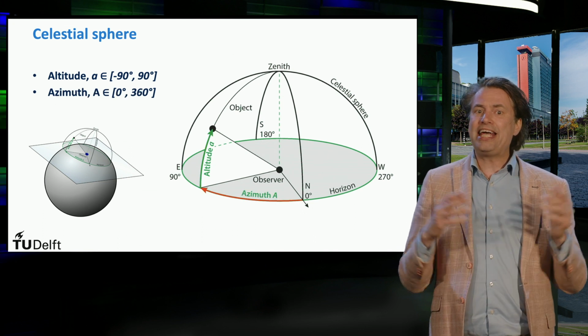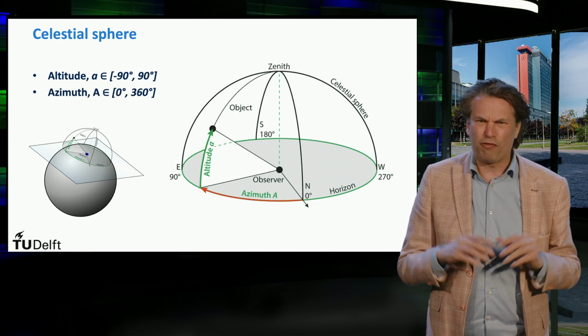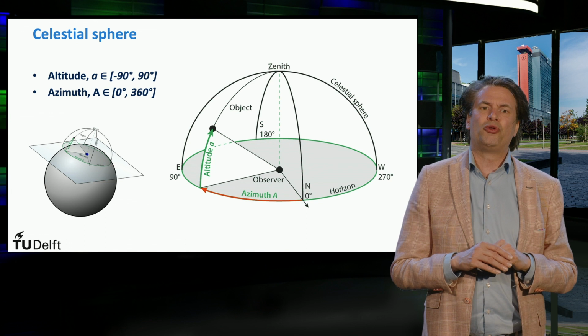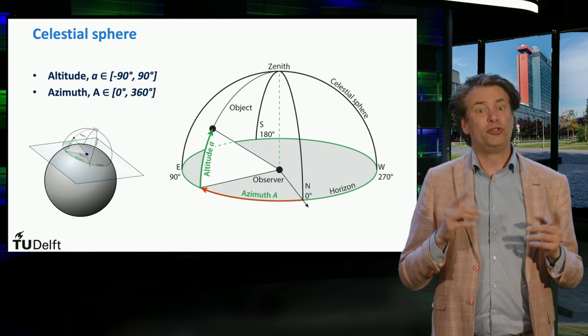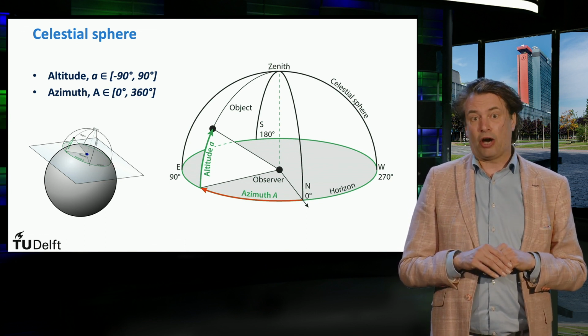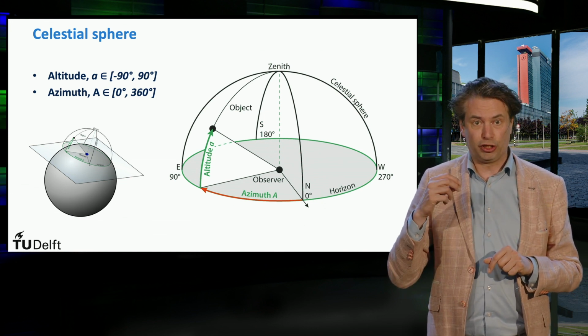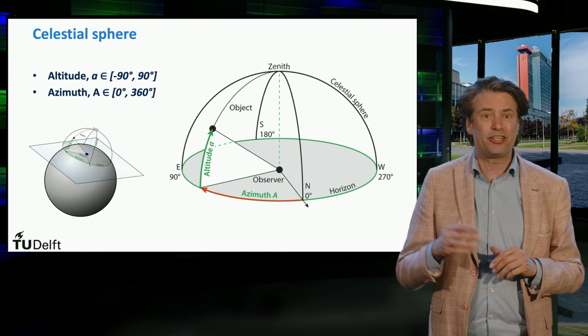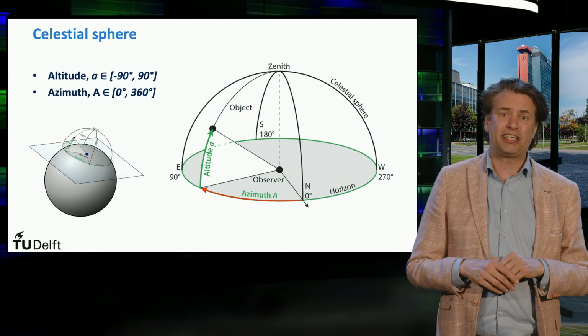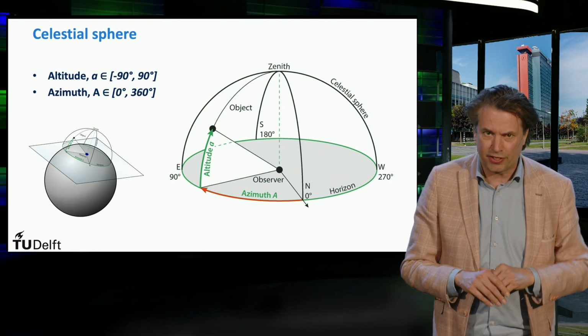The azimuth A is the angle between the line of sight projected on the horizontal plane and the north. It's counted eastwards such that north has an azimuth of 0 degrees, east of 90 degrees, south of 180 degrees and finally west of 270 degrees.